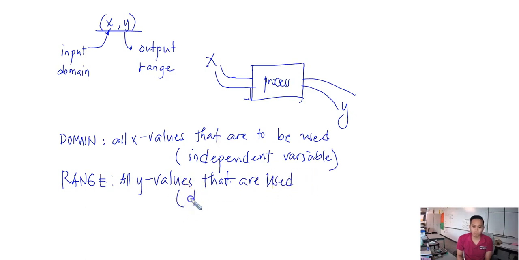So we call this one also dependent values. So those are the overall concept of your domain and range. And now we are going to use this concept on our first example.